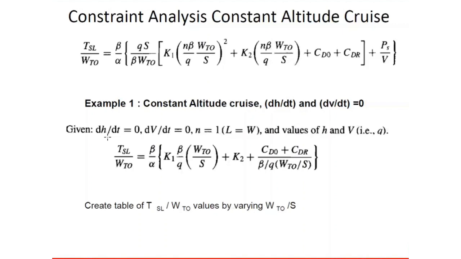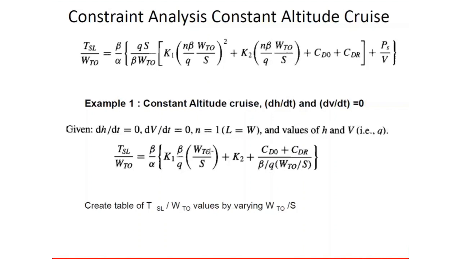Constant cruise means lift is equal to W, so n is equal to 1, and values on H. If you do this, you have sea level thrust by takeoff weight equal to beta by alpha, K1 terms this, K2 terms this, and CD0 plus CDR by q, WTO by S. So you have on the right hand side one WTO by S term, and then one more term, 1 over WTO by S. So it's like a constant times W by S and another constant times 1 over W by S.